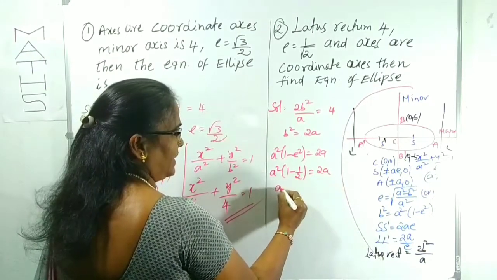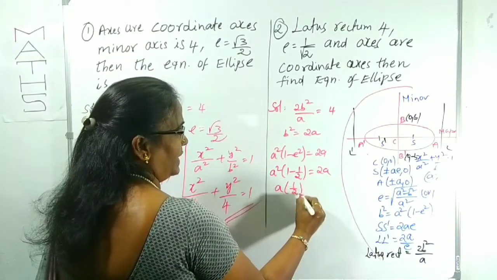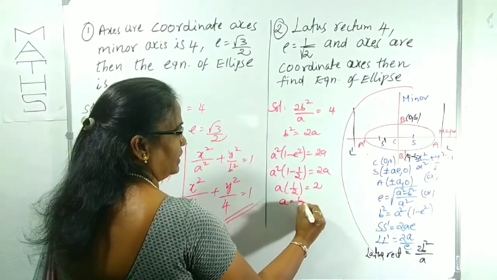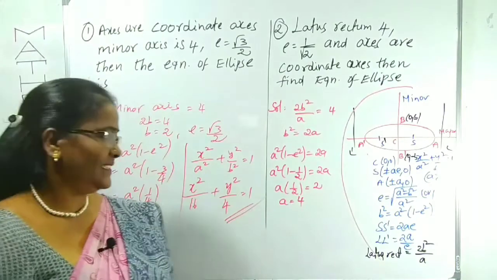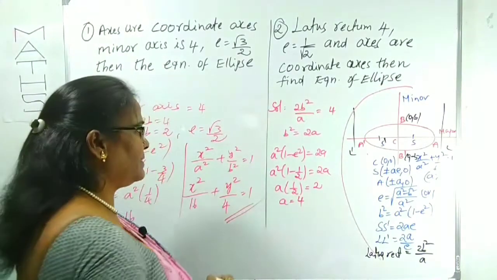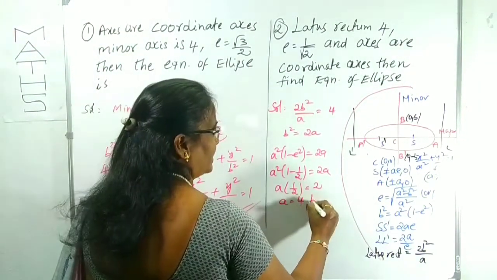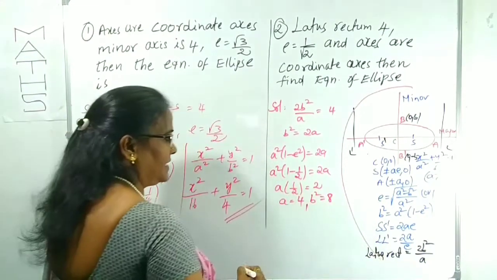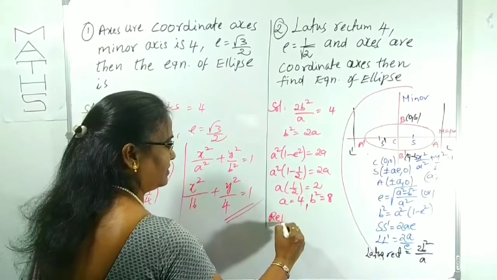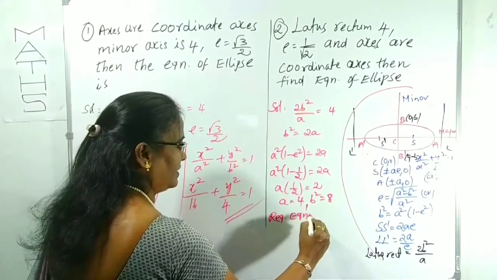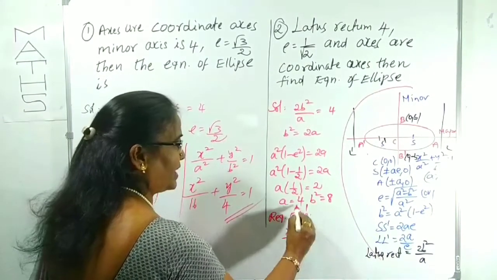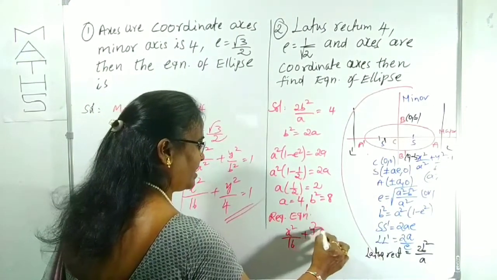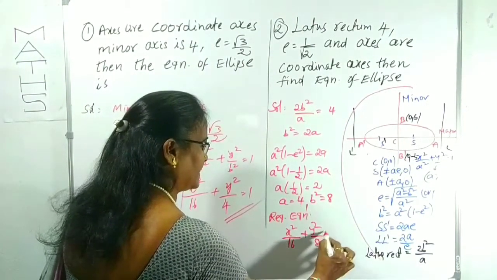One a cancels. a of 1 by 2 is equal to 2, right? Therefore a is clearly equal to 4. What is b square? b square is 2a, 2 into 4 is 8. Now what is the required equation? The required equation is clearly x square by a square, a square is 16, plus y square by b square, b square is 8, is equal to 1.